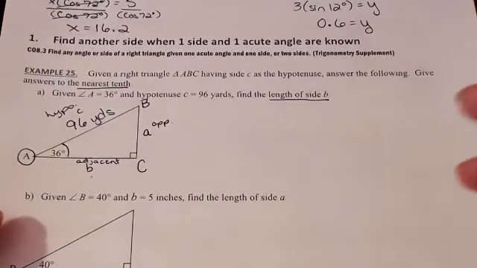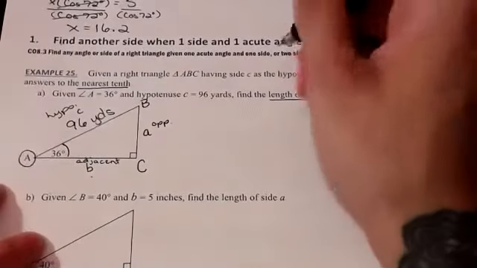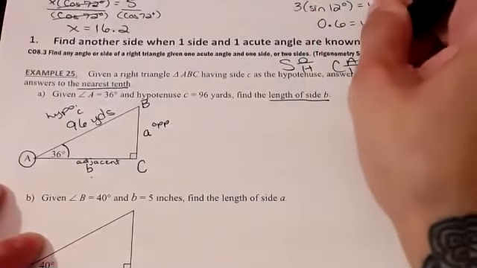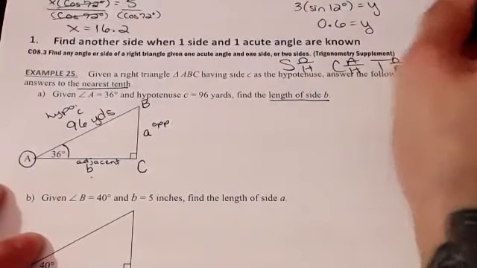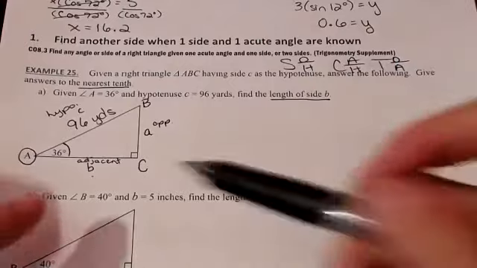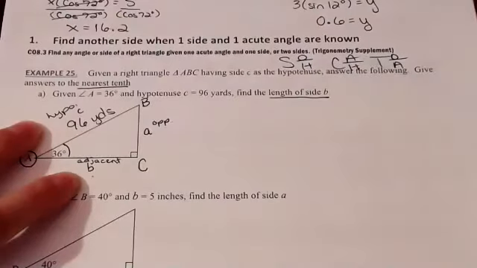Again, just like Jimmy had suggested earlier, let's write out those ratios just so that we have them: SOH CAH TOA. It's going to be really helpful to see that pretty much on every page. So we need to find B. We know that's adjacent. We have the hypotenuse, so that must be cosine.